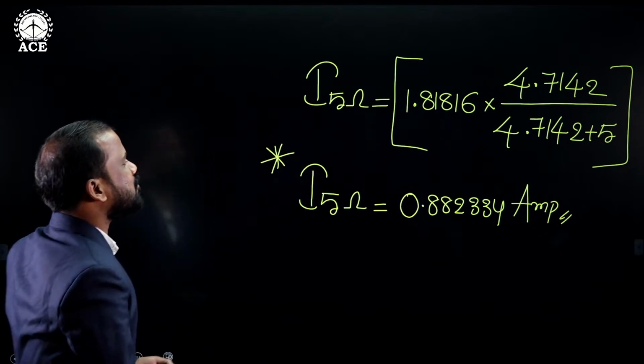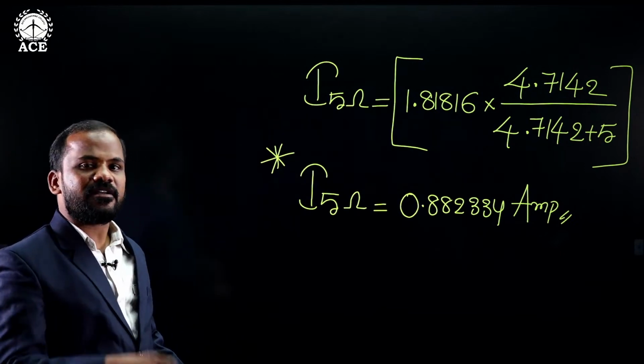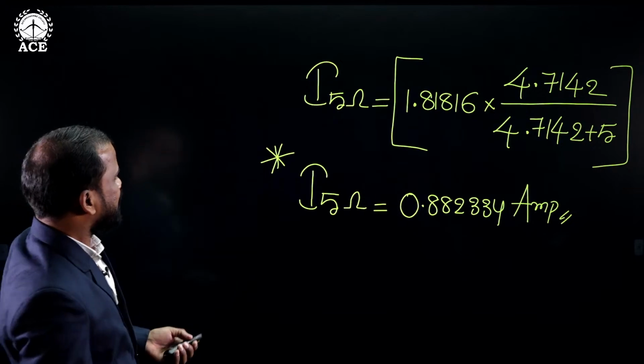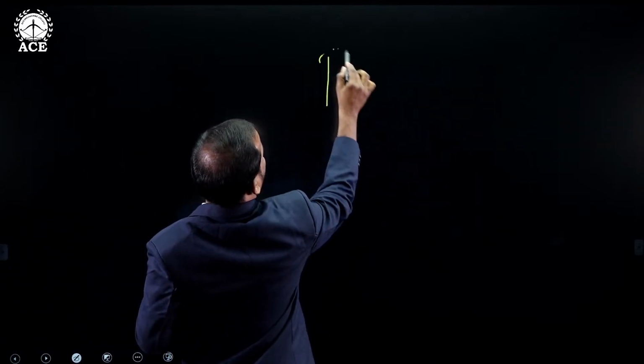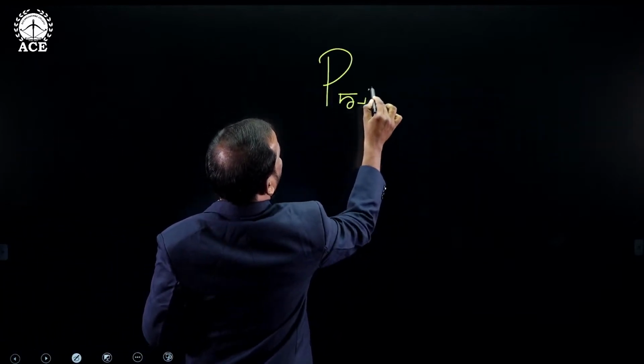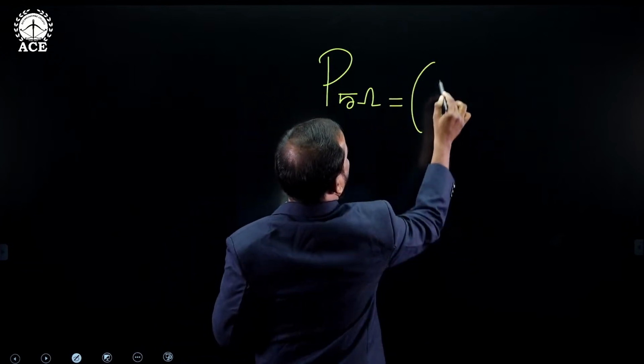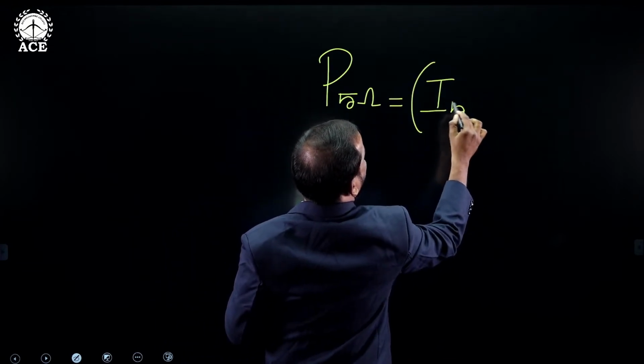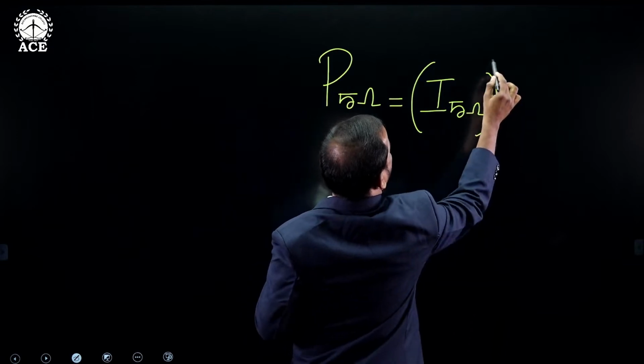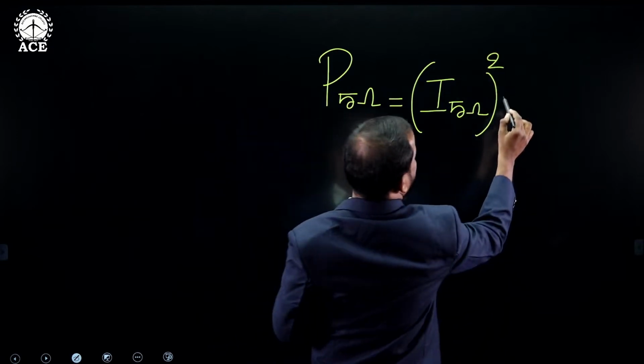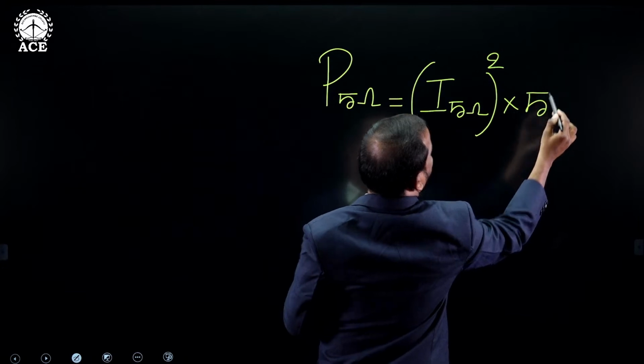Now what is remaining? Remaining is the power dissipated by the load resistance. Okay, now go for that. So power dissipated by 5 ohms is equal to the current flowing through the load resistance, that is the 5 ohm resistance, squared, into the value of 5 ohms.